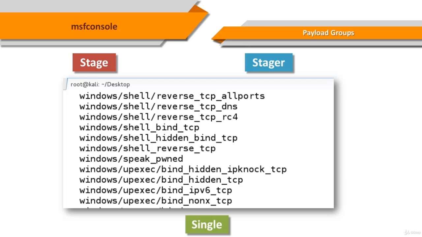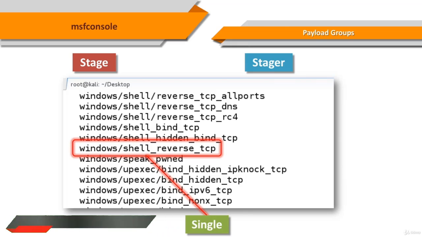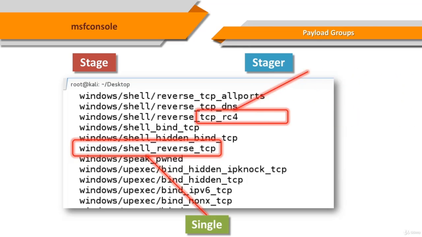For example, Windows/shell/bind_tcp is a single payload with no stage, whereas Windows/shell/reverse_tcp_rc4 consists of a stager, reverse_tcp_rc4, and a stage, shell.